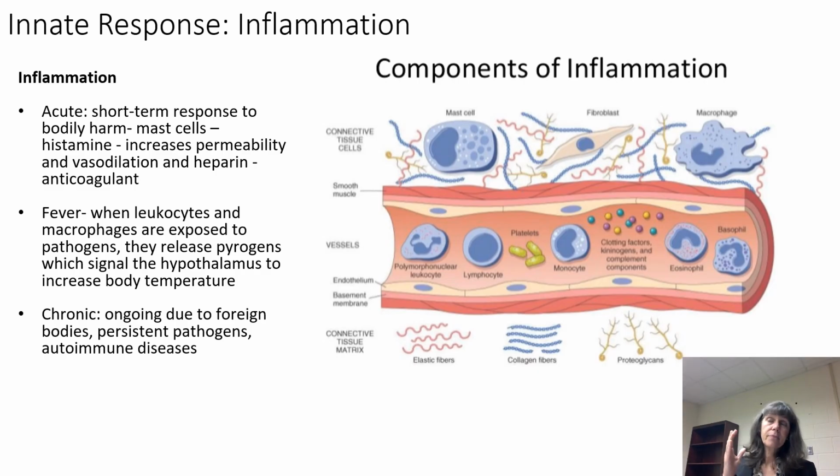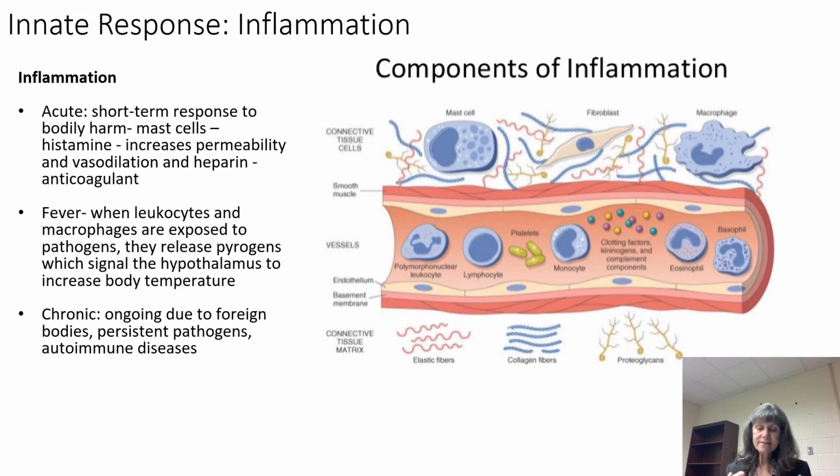And prostaglandins are also important for signaling for pain when there's tissue damage. That's why non-steroidal anti-inflammatory drugs work to inhibit the production of prostaglandins.